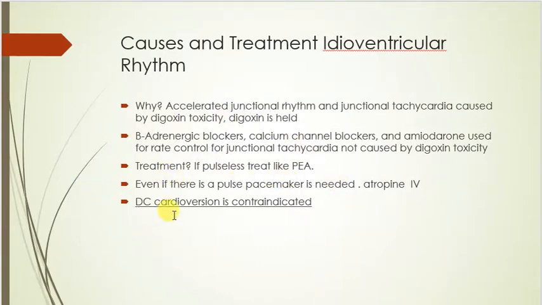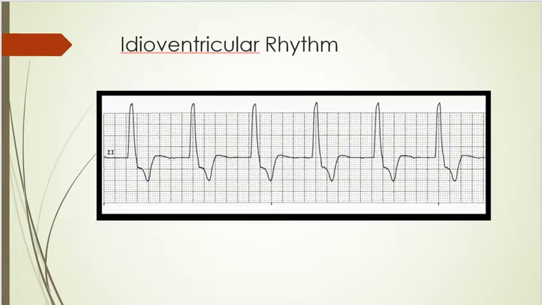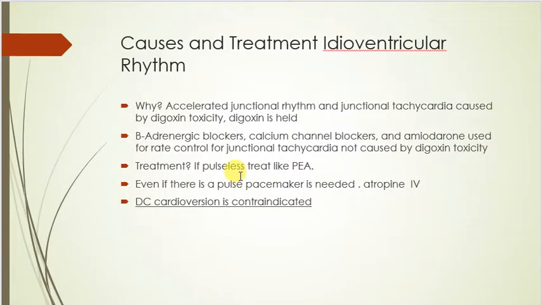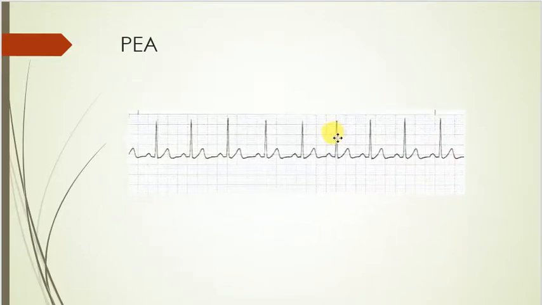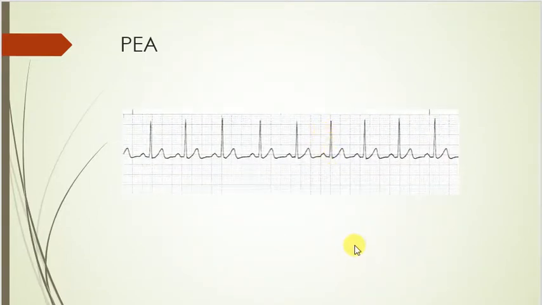But if they're like this, treat it like PEA, and we're going to come down to PEA. PEA can look like a sinus rhythm, y'all. It really can, or it can look like anything else that might have a pulse.